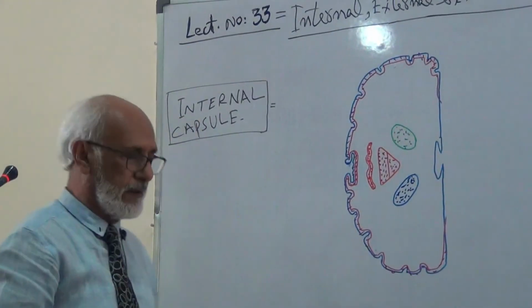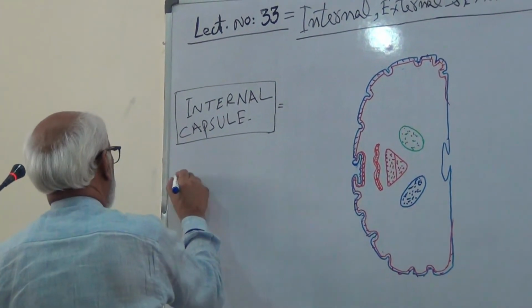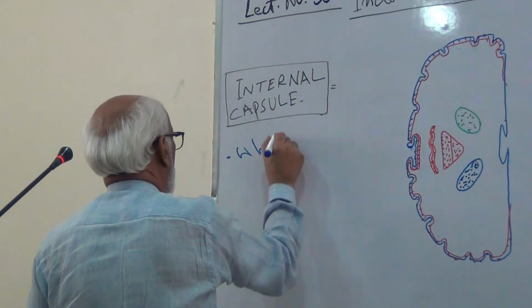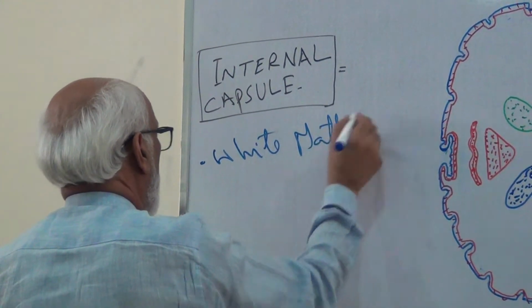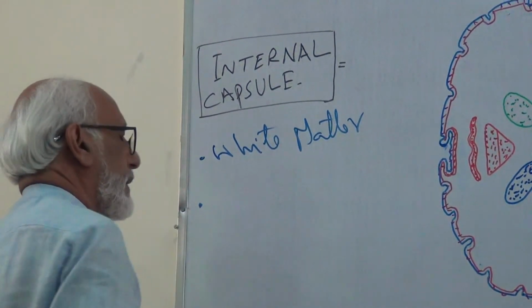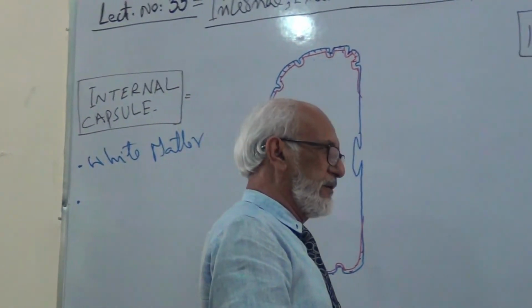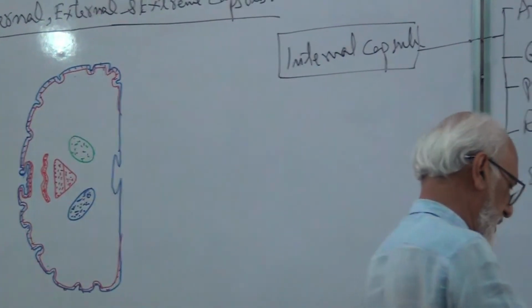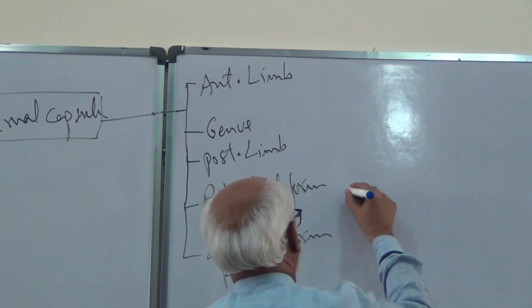Now internal capsule is an inverted V-shaped band of white matter. Above it is the corona radiata, and below is the crus cerebri of the midbrain.